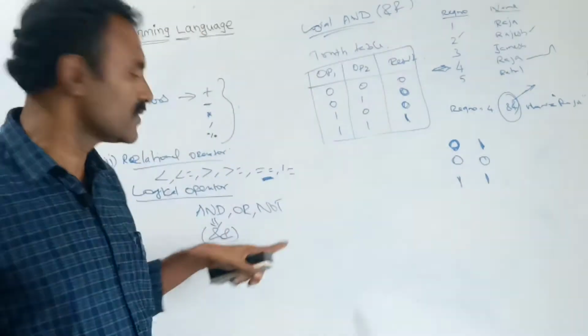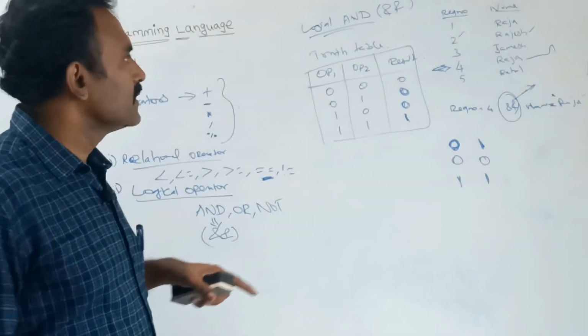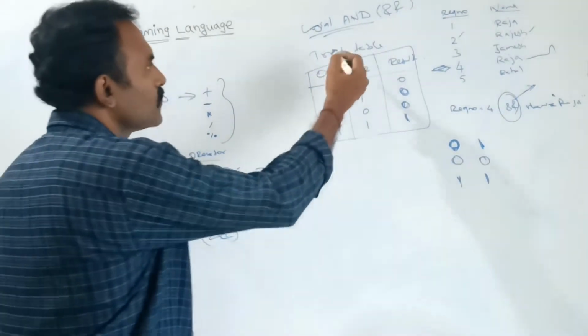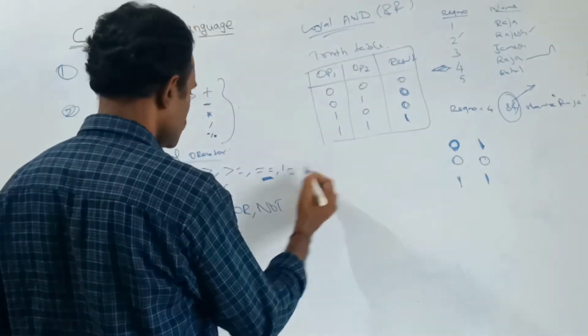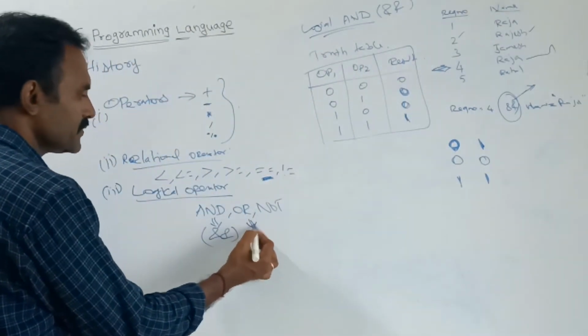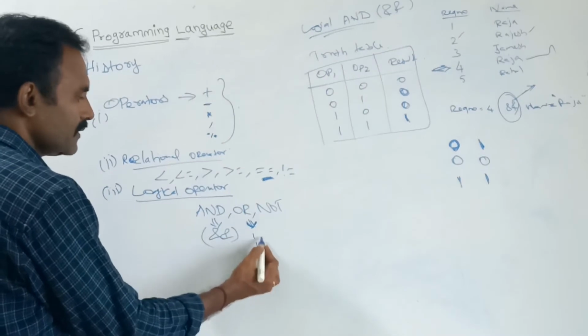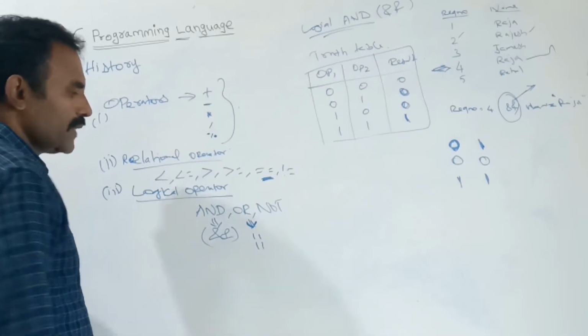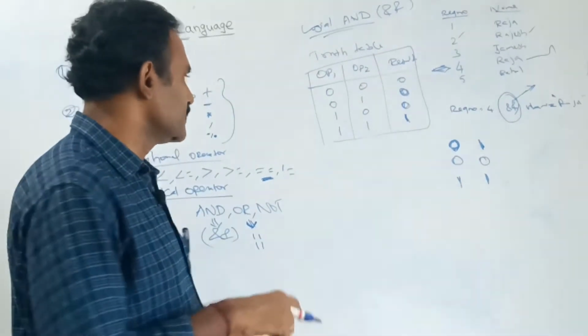Next, let us see about the OR operator. Here, for the logical OR operator you should use only the pipe symbol, double pipe symbol you should use here.